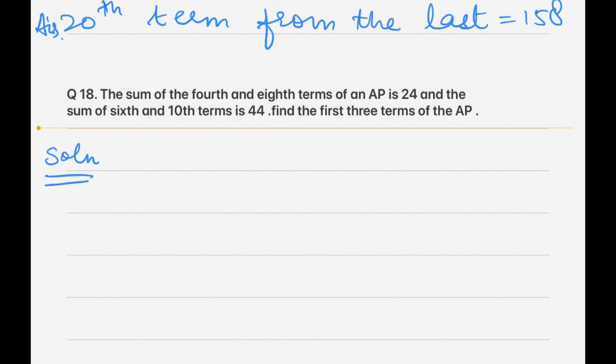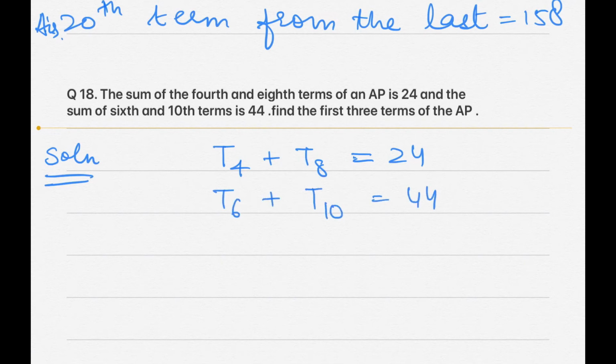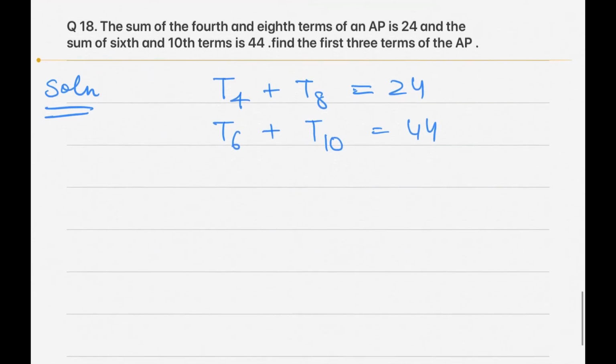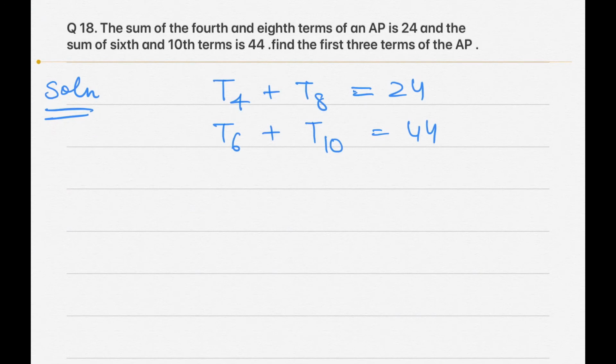What's given is the sum of fourth term and eighth term of an AP is equal to 24, and the sum of sixth term and 10th term is equal to 44. So we can make two linear equations in two variables and solve them simultaneously.